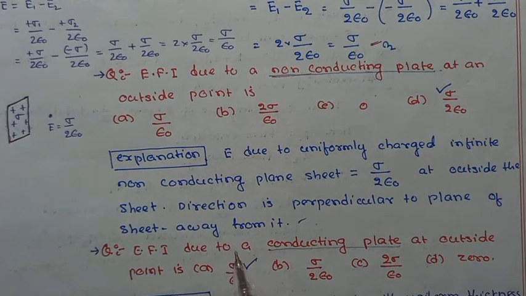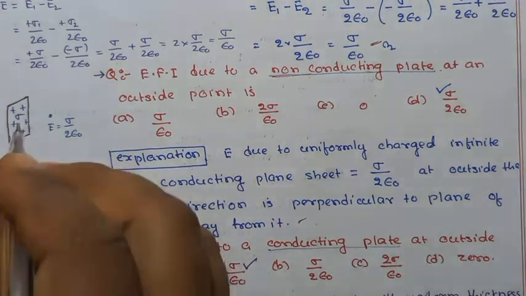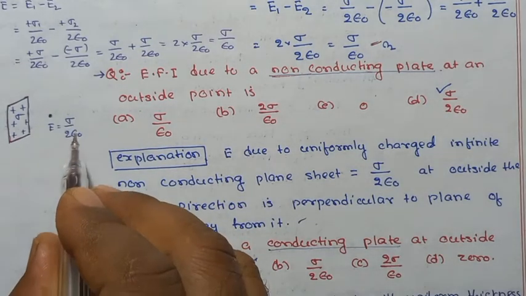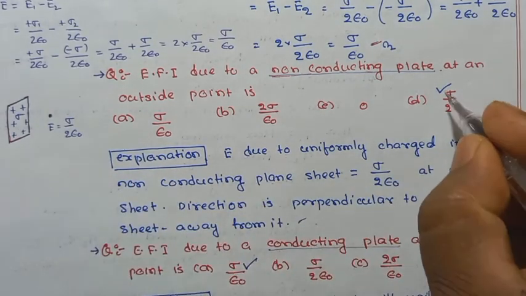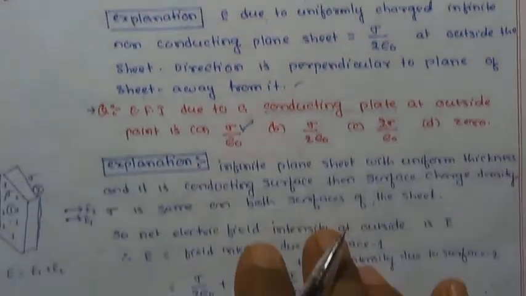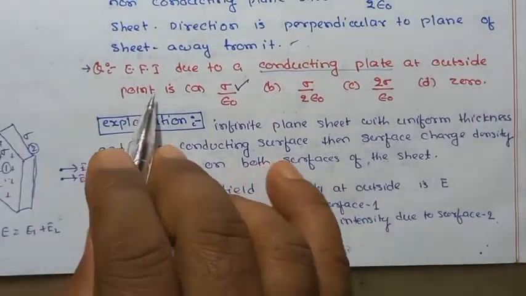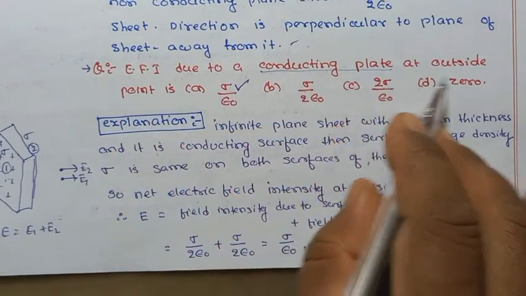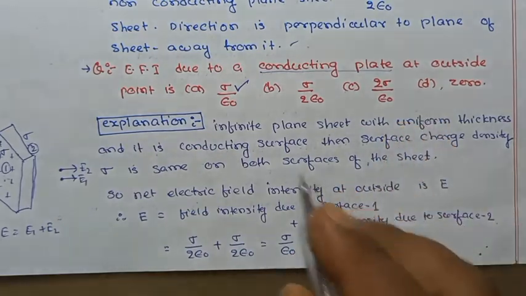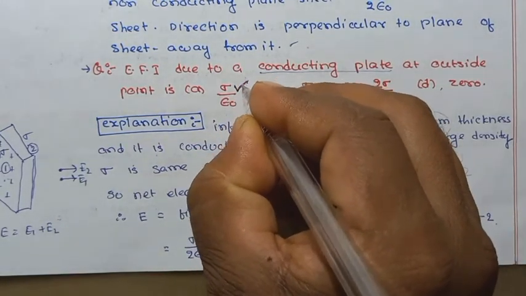So we are interested to calculate electric field outside the point, that is near the point, and that is for non-conducting plate, infinitely plane sheet of charge E is equal to sigma by 2 epsilon 0. So option D is correct. Now next question is electric field intensity due to a conducting plate at outside point. Option A, B, C, D given, and here option A is correct.